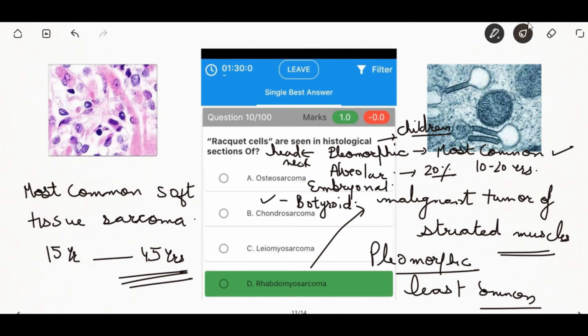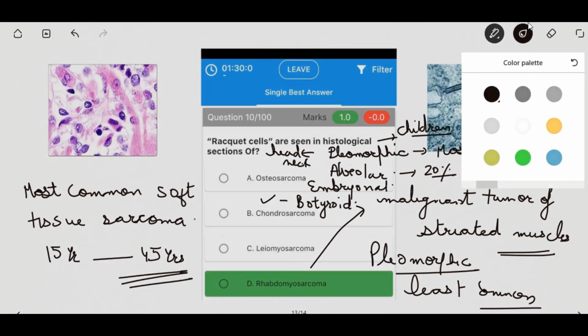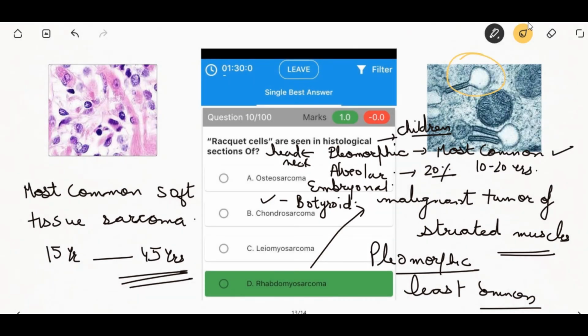Now coming to the question, the racket type of cells are most commonly seen in. The characteristic feature of rhabdomyosarcoma is large, bizarre cells. The nuclei are often situated in an expanded end of the cell, that is the racket cells.